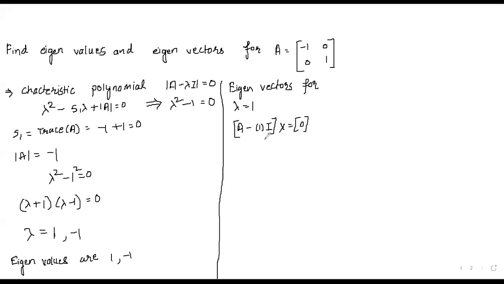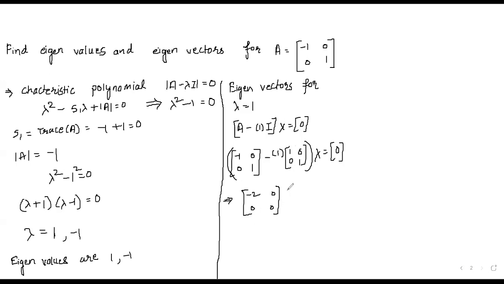This is what we need to solve. So it is [-1, 0; 0, 1] minus 1 into the identity matrix [1, 0; 0, 1], into x equal to 0. So this is going to be [-2, 0; 0, 0] into x equal to 0.